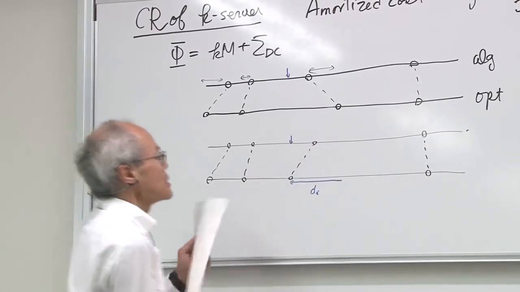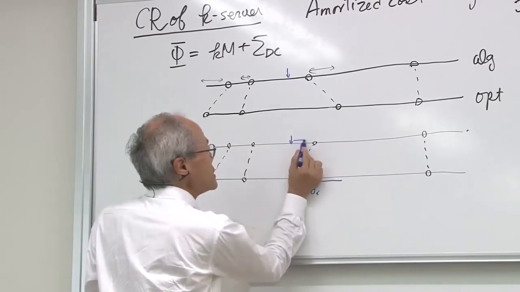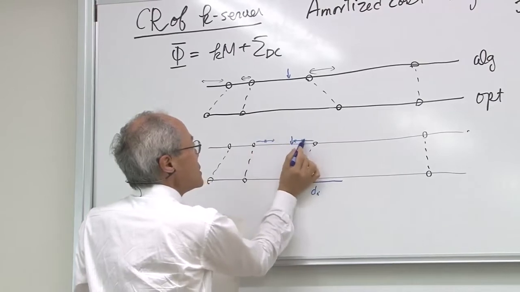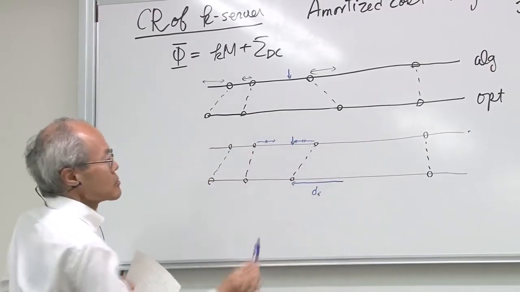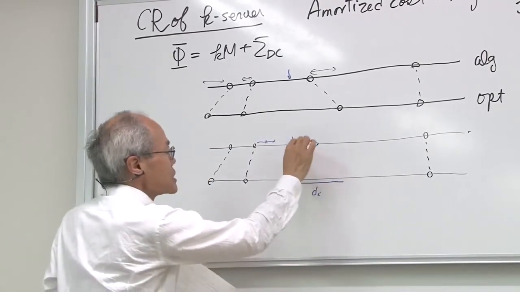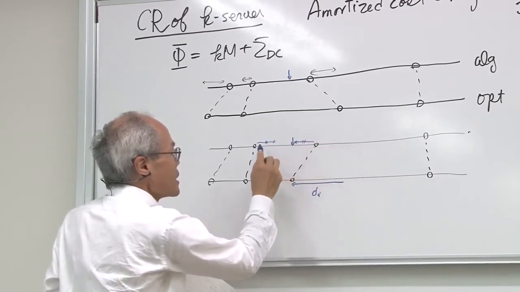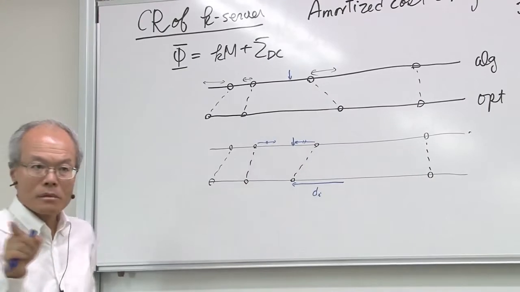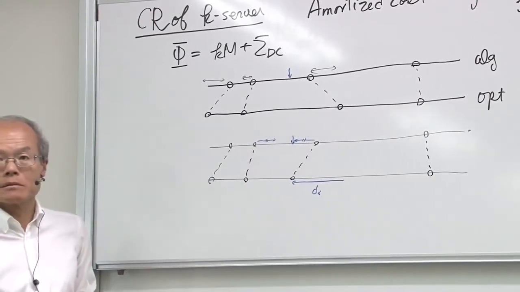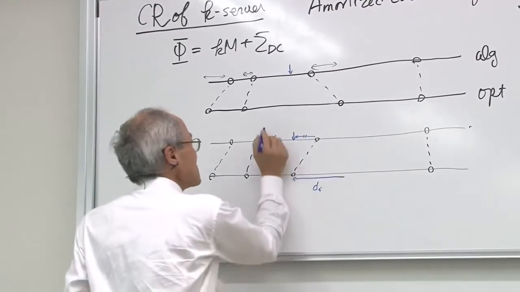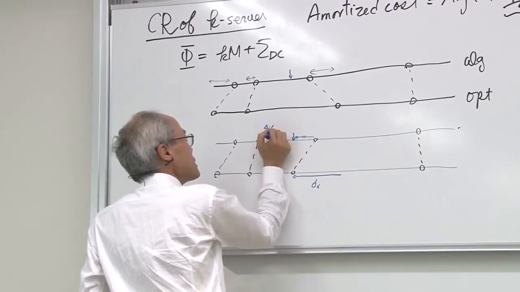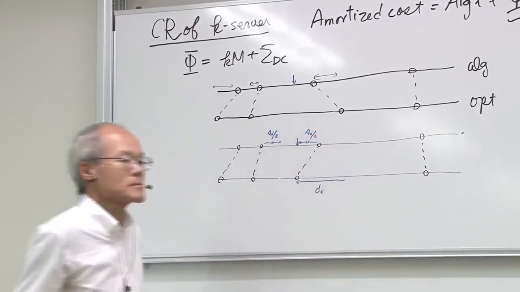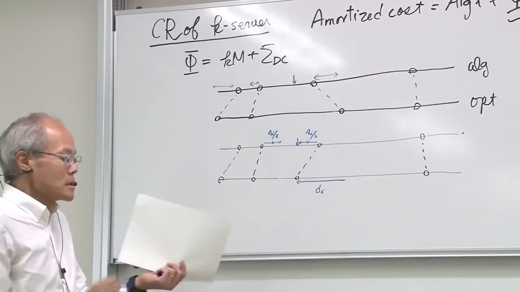By the rule, this server moves to the requested point, and this server also moves in the opposite direction, the same distance. So that means this is di over 2, and this is di over 2.